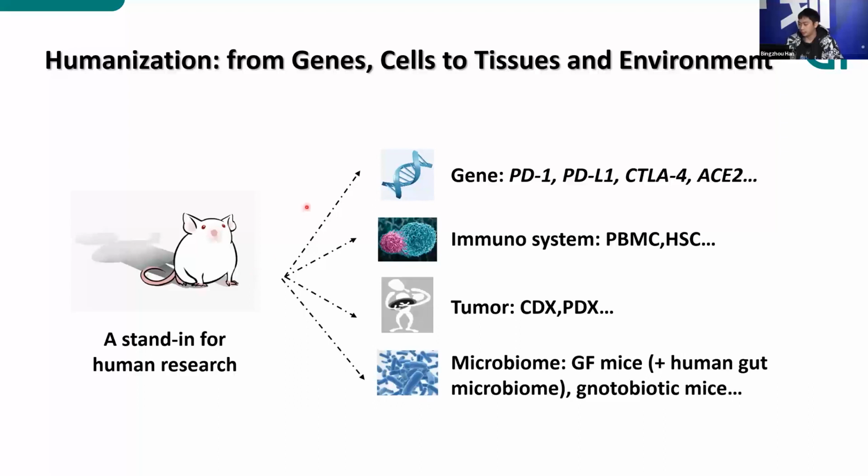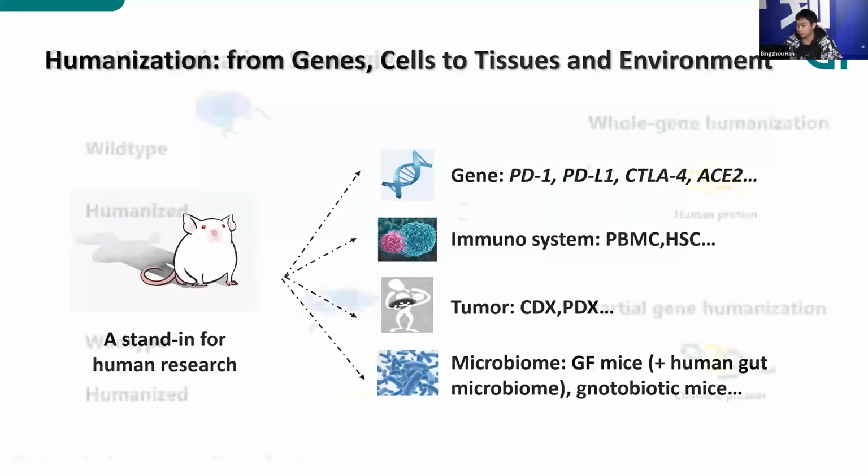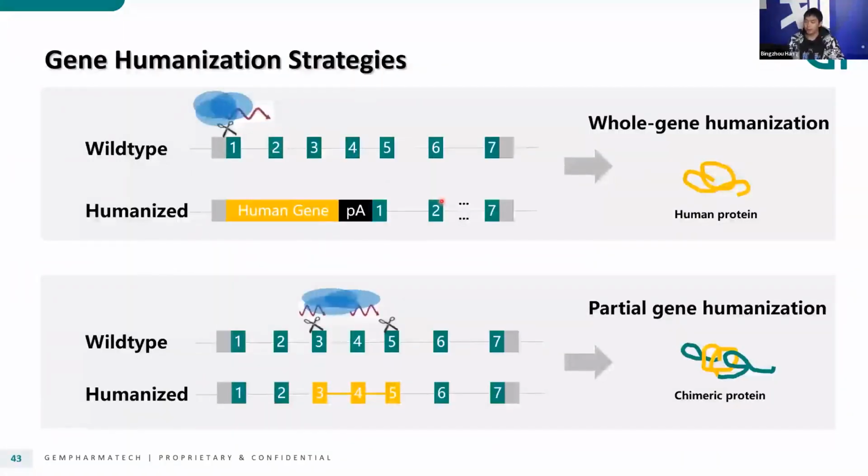Since our topic today is mainly focused on the gene modification lines, I'll focus on the introduction of the gene humanization strains. So typically in our facility, we use two strategies to generate most of the gene humanization lines.